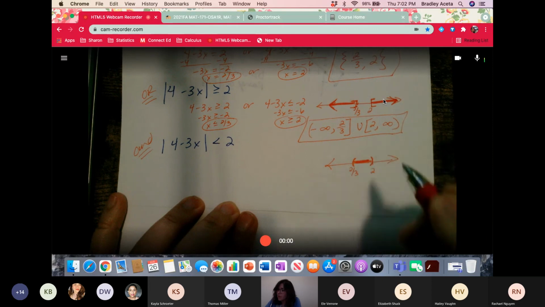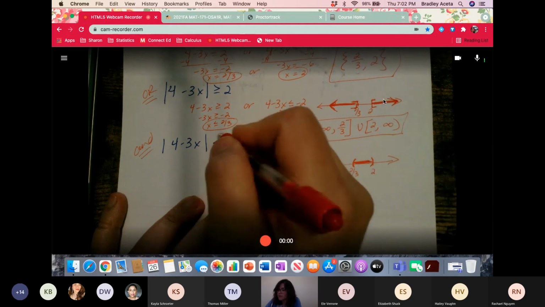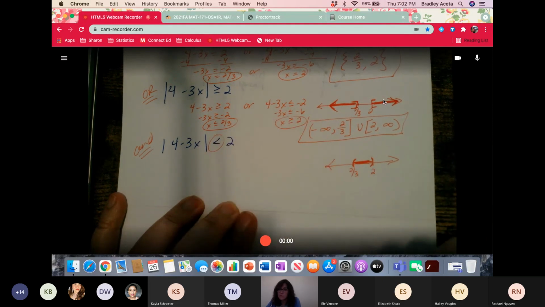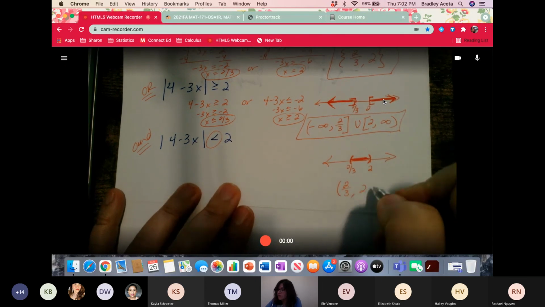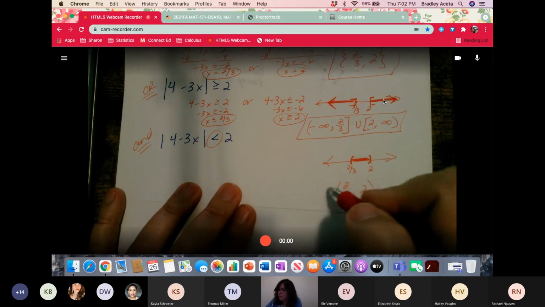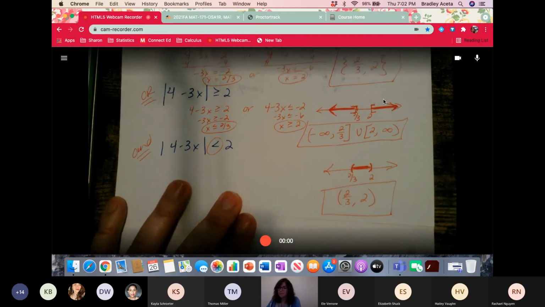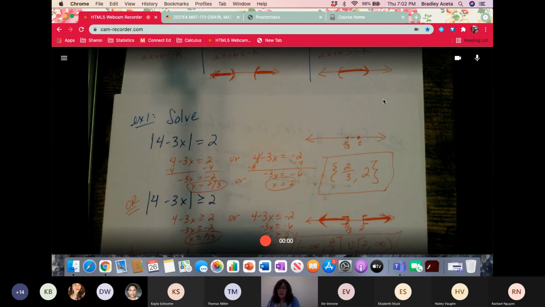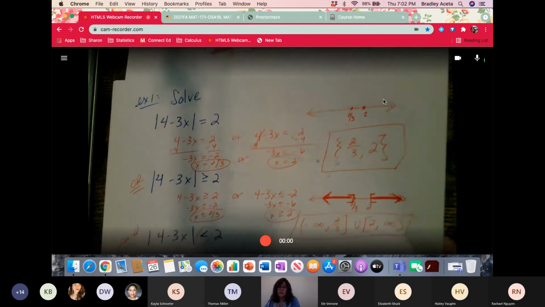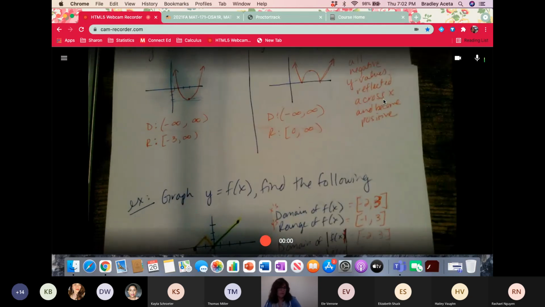And this time I don't put brackets, I put parentheses because I don't have an equal sign here. So my answers would be parenthesis 2/3 to 2. And that's how you would solve absolute value equations and inequalities, and how you graph them.